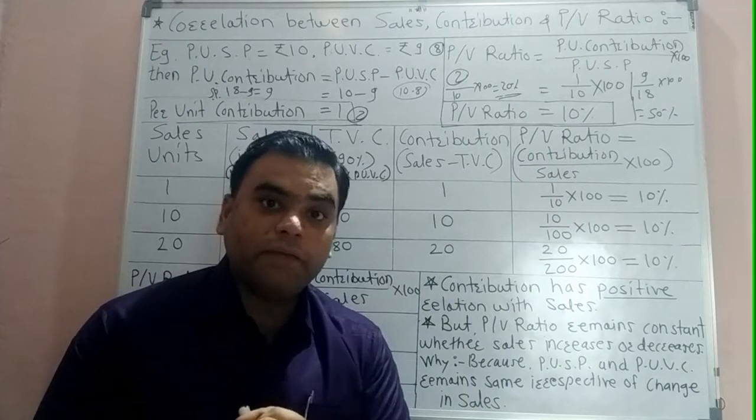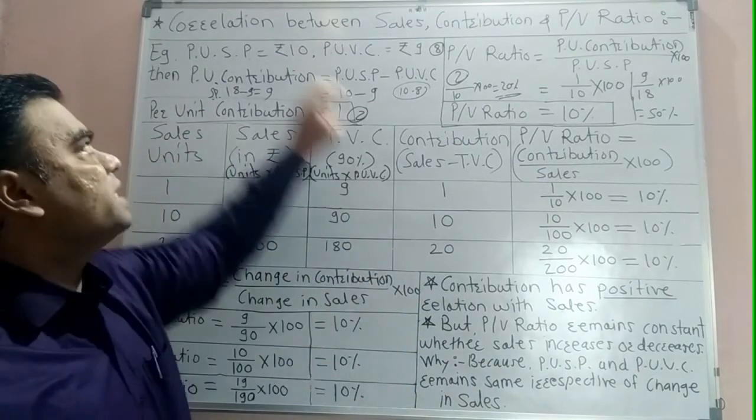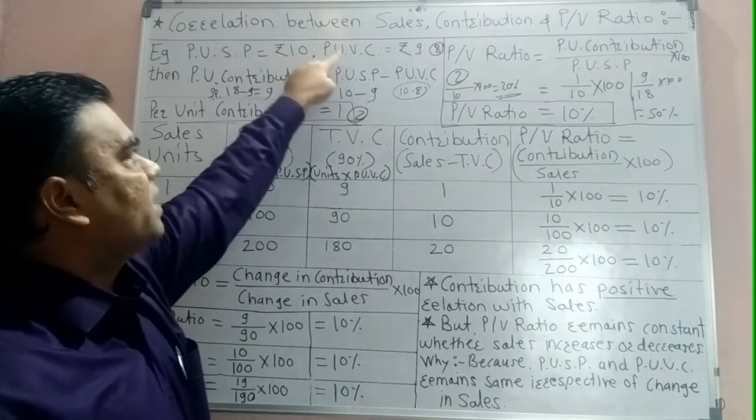PV ratio can be changed, but only if you make a change in one of these variables.